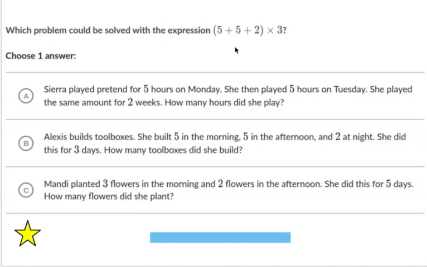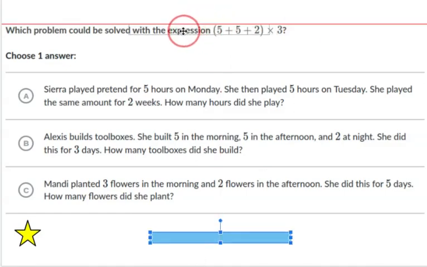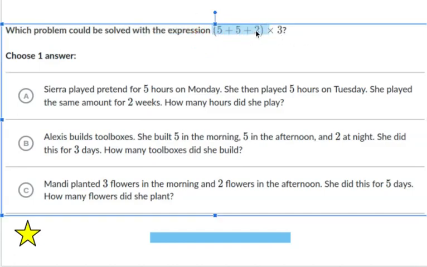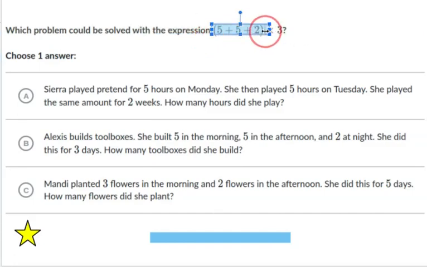So we need to look through these different scenarios and find the one that wants us to add those 2 numbers first and then have it be multiplied by 3. So we really want to read carefully. If you need to read something more than once, please do it.